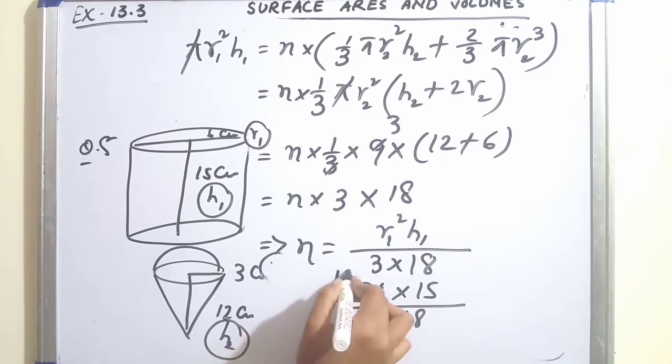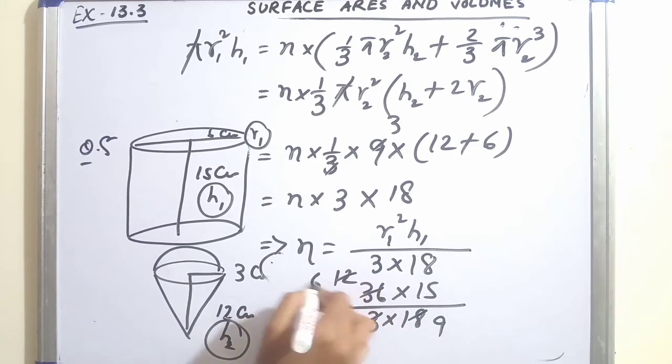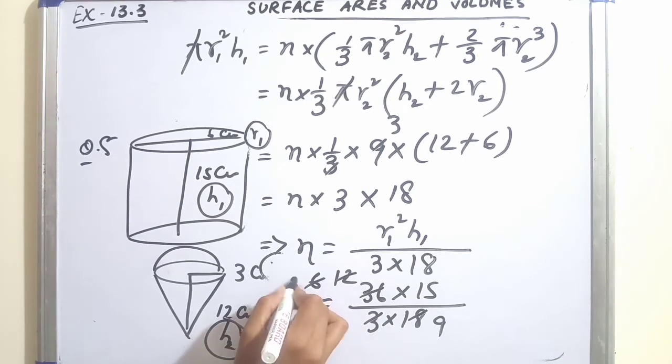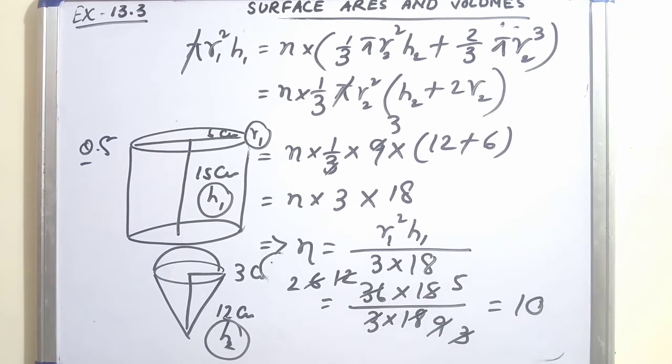That means 3 ones are 3, 3 twos are 6, 2 nines are 18, 2 sixes are 12, 3 twos are 6, 3 threes are 9, 3 fives are 15, that means 10. So therefore 10 ice cream cones can be filled with the ice cream in the container.